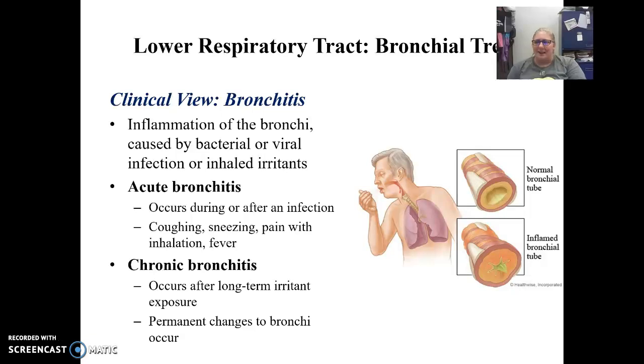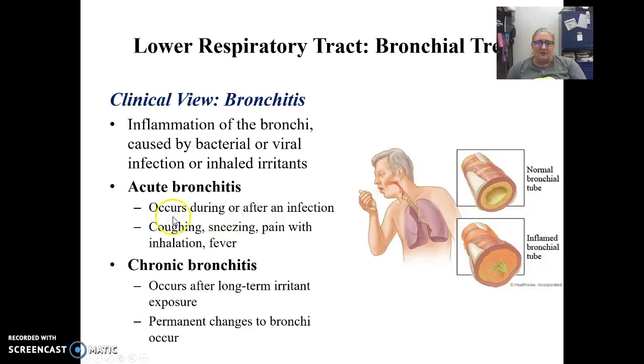There's two forms of bronchitis. Acute bronchitis, this is the one that's typically associated with either bacterial or viral disorders. And then chronic bronchitis, which is often associated with long-term exposure to certain irritants.